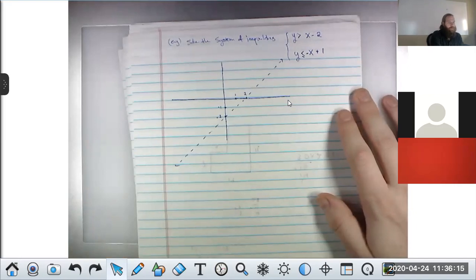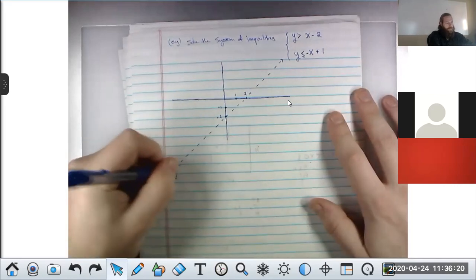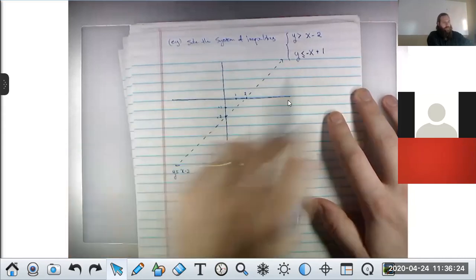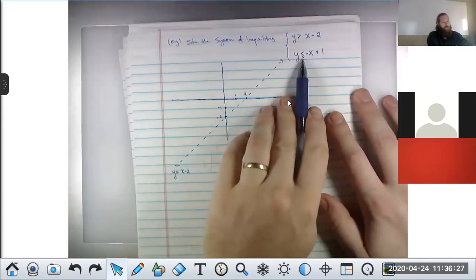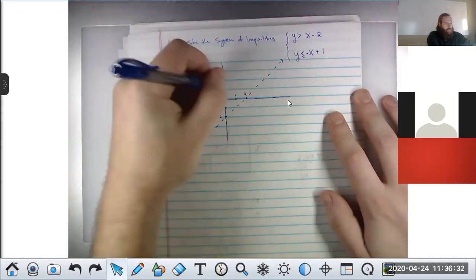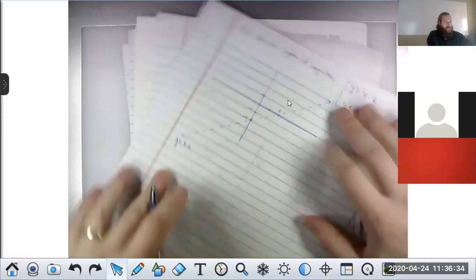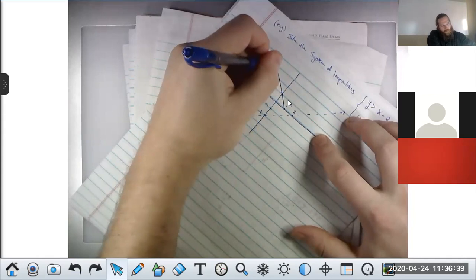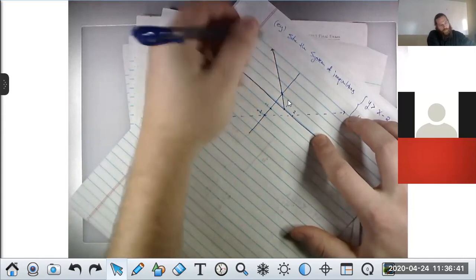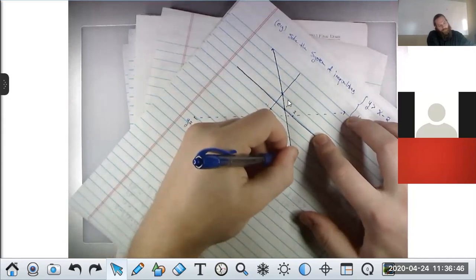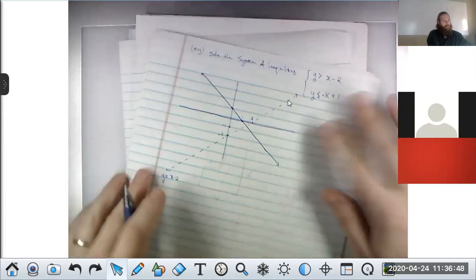And then the line associated with the second inequality is y is less than or equal to, so I'll draw this with a solid line, negative x plus 1. So that's a line with slope negative 1 and y-intercept positive 1. So it looks like this. All right.